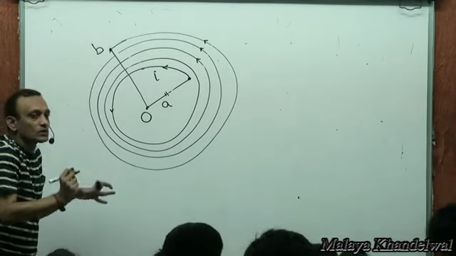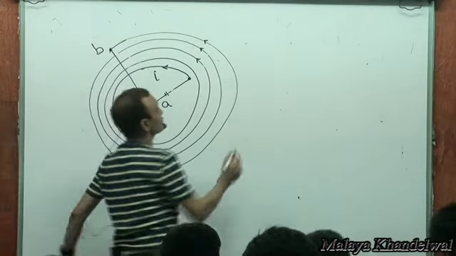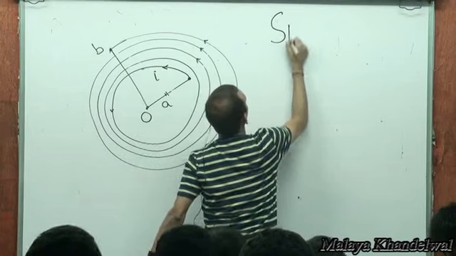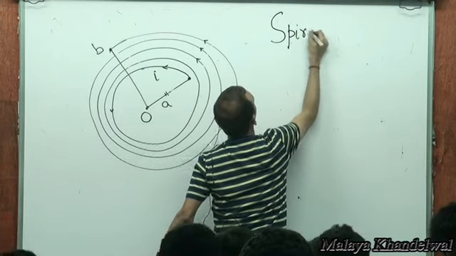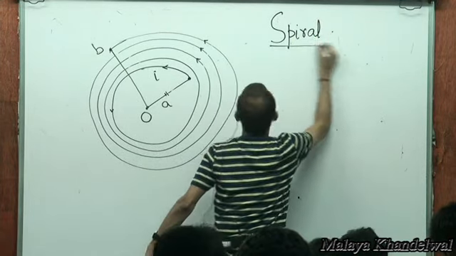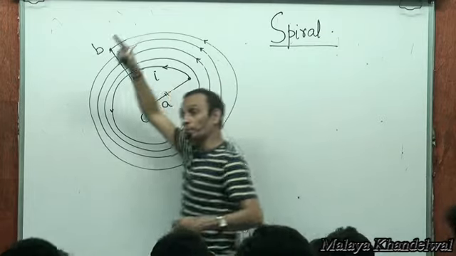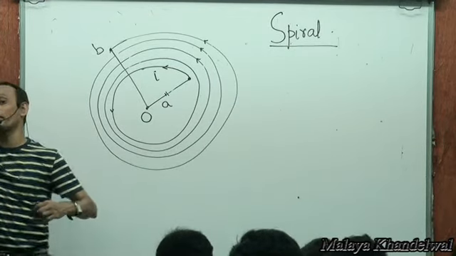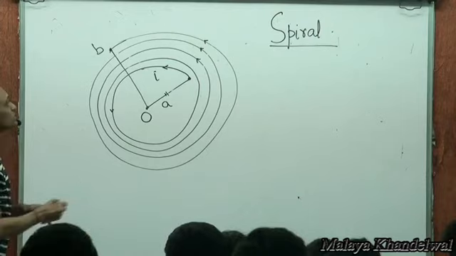This kind of a structure is called a spiral, in which the radius varies from a to b, continuously varying radius from a to b. Okay, that's called a spiral.